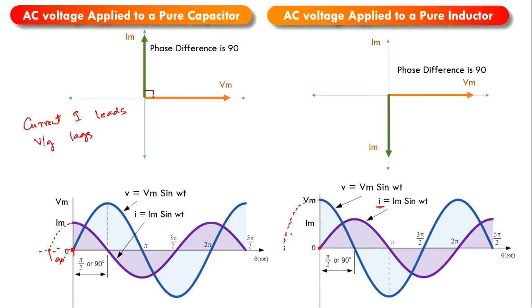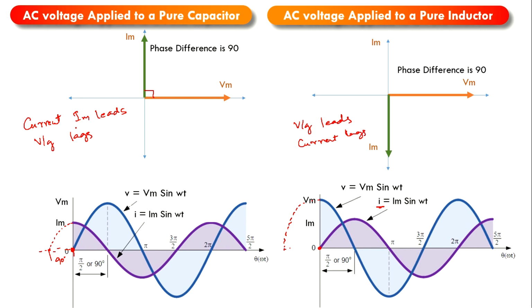From the origin, I am considering the increasing values. So if we compare this to the Im curve or current I curve, this voltage curve has already started over here. It means voltage has already started. So we say voltage leads the current. In other words, we say current lags. Current lags and voltage leads in an inductor.